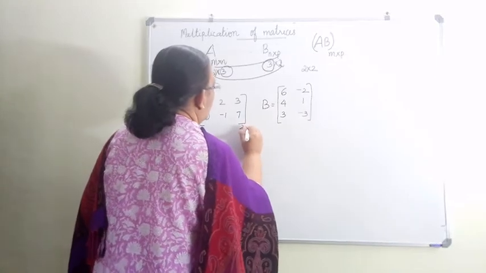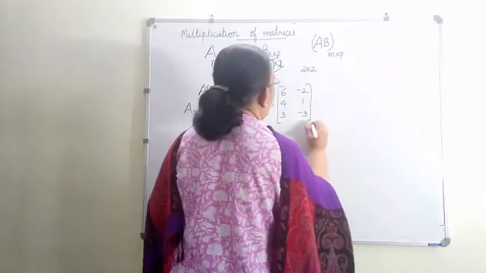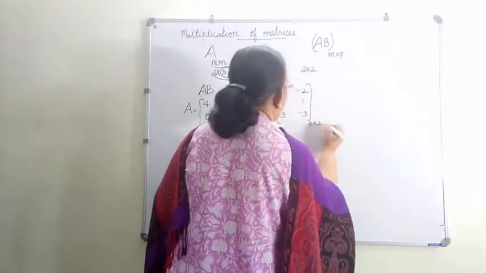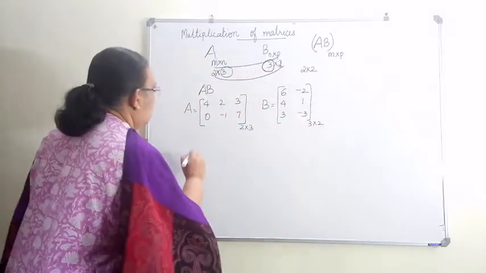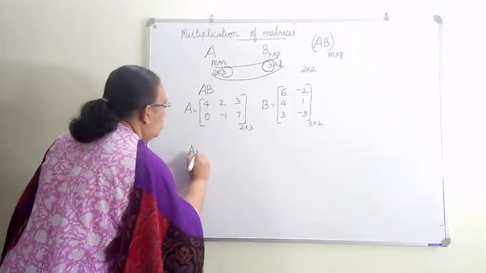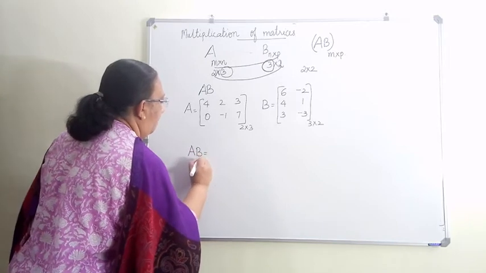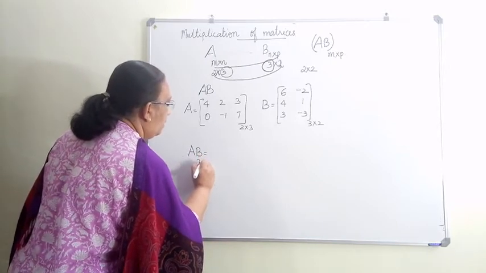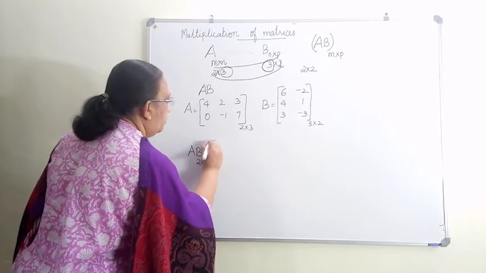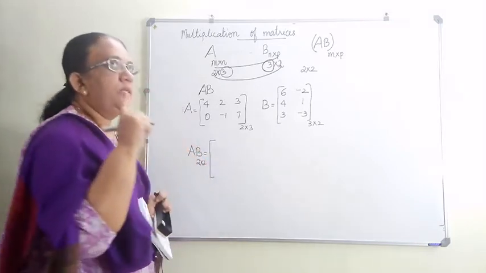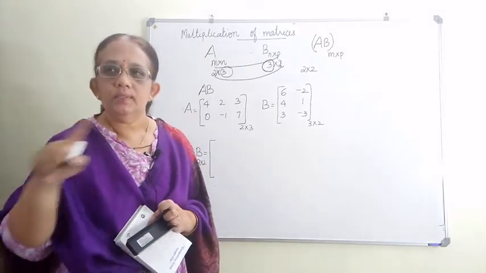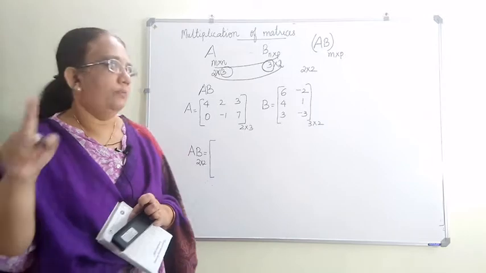This is 2 by 3 and this is 3 by 2. You have to find out matrix AB. You said the answer will be of order 2 by 2. That should be in your mind. That means there will be 2 rows and 2 columns.